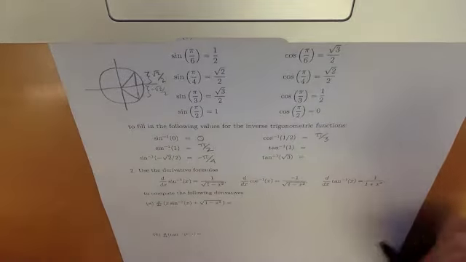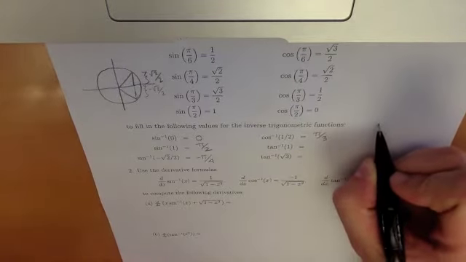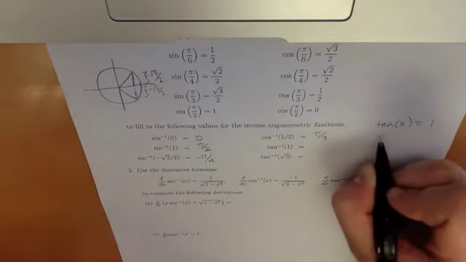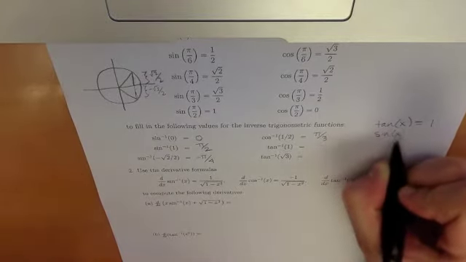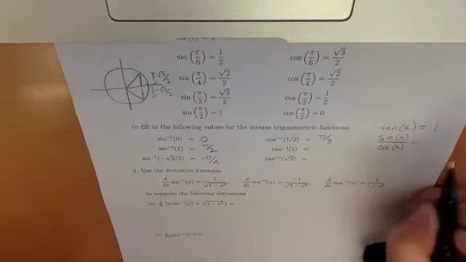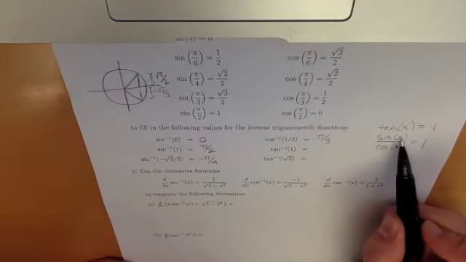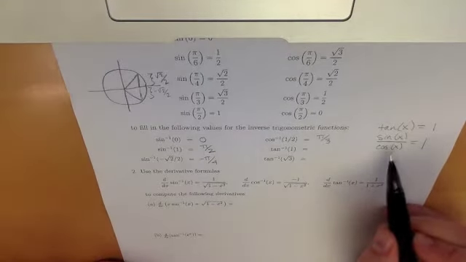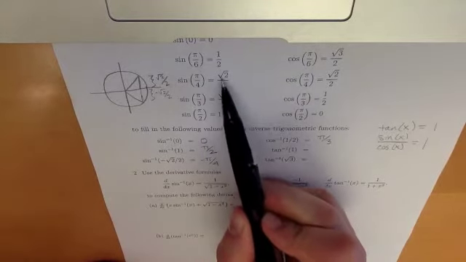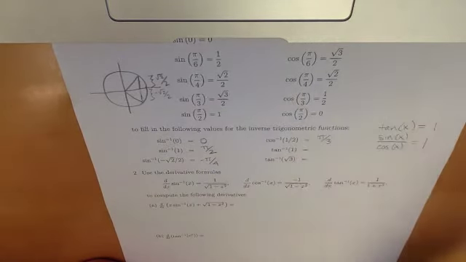Now tan inverse of 1, that's saying they want tan of x equal to 1. Or in other words, sine of x over cosine of x, so the same x value that we plug into sine over cosine has to give 1. So I'm looking for something where the sine of some value is equal to the cosine of that value. I notice that sine of pi over 4 is the square root of 2 over 2, and cosine of pi over 4 is the square root of 2 over 2.